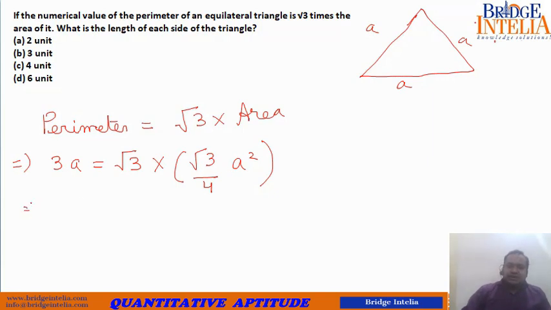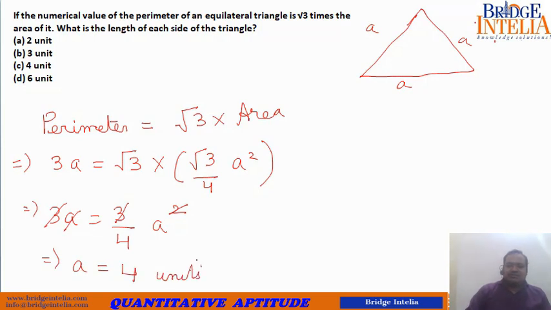So 3a is equal to root 3 into root 3 becomes 3. So 3a is equal to 3 by 4 a square. So 3 cancels, a and this power of a cancels. From here you can see that a is equal to 4 units. So this is the correct answer.